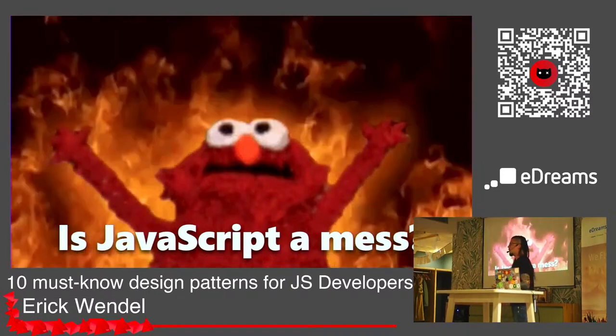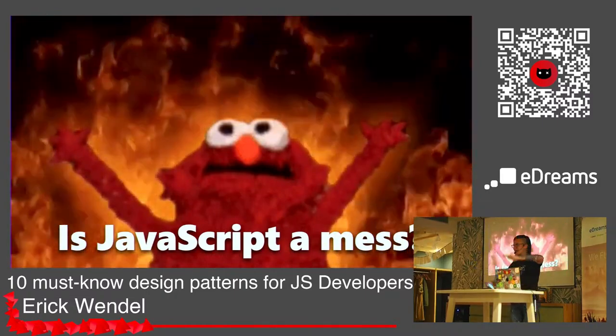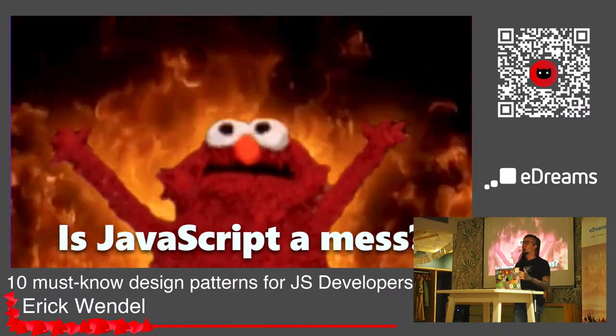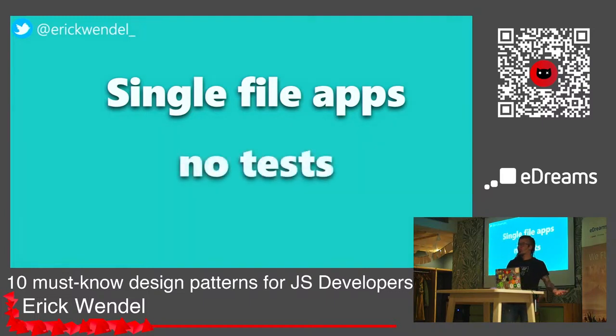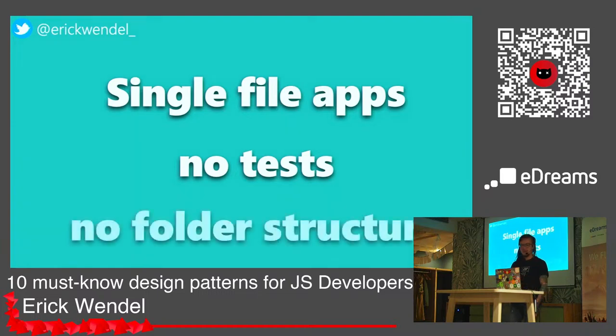I was going through projects, back then it was jQuery, and people mixing up prototypes in a single file application was crazy. I was seeing single file apps, mostly jQuery, Angular, Angular 2, yeah, back then, and no tests ever, so people were just creating and not fixing anything, and I noticed no folder structure.